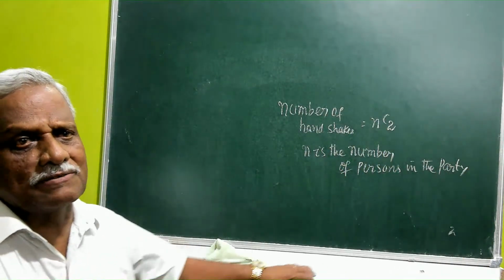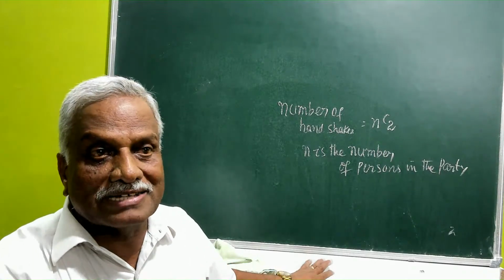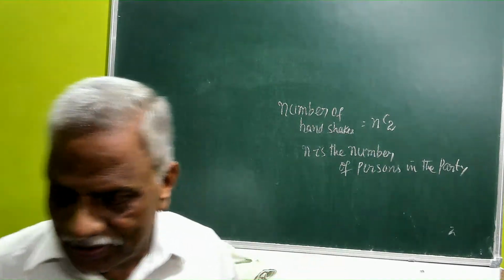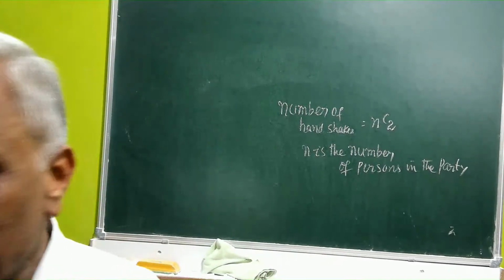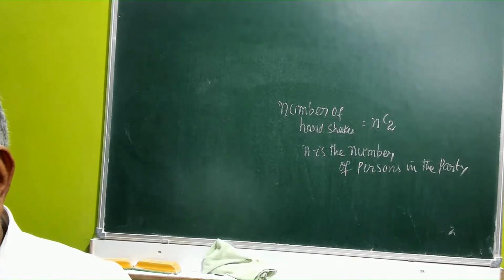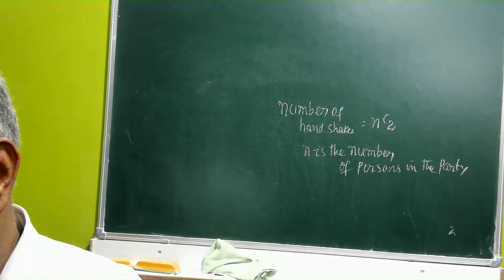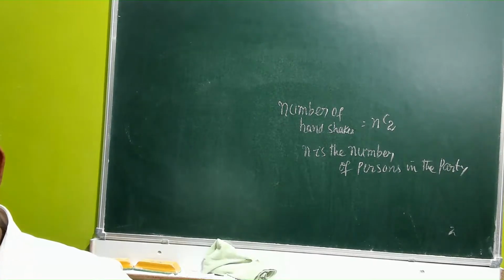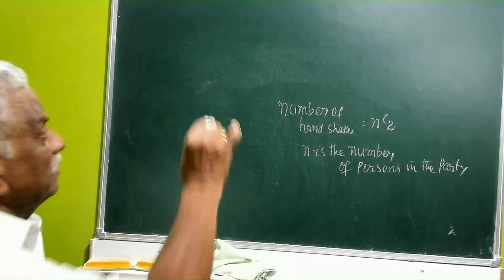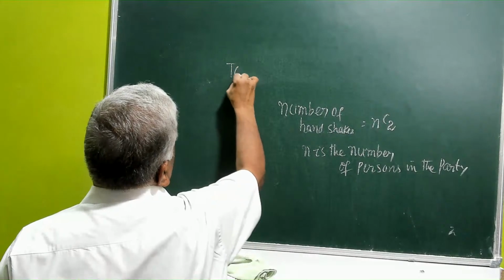I think 1 or 2 years I've asked this question, but they may not ask directly, they'll put it another way. The question asked was, I'll read the question instead of writing it. Everybody in a room shakes hands with everybody else. The total number of handshakes is 45.